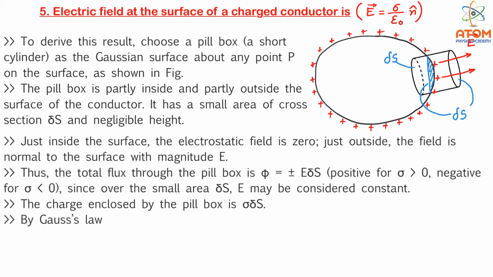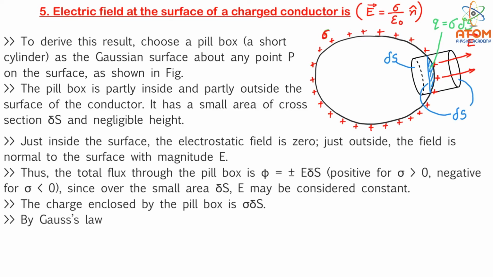See, the charge on this surface, as I said, the charge is only there on this surface inside the Gaussian surface. Let us say it is Q, then Q will be equal to sigma into delta S, where sigma is the surface charge density of this conductor's surface.